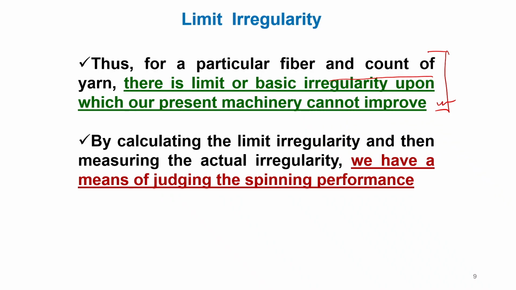By calculating the limit irregularity and then measuring the actual irregularity, we have a means to judge the spinning performance or performance of any machine, maybe draw frame, speed frame, ring frame or any other machine.